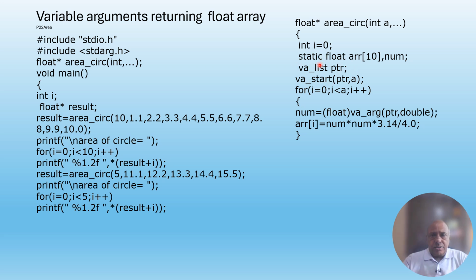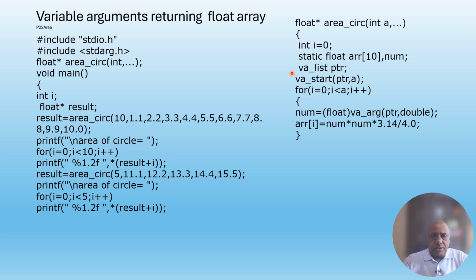A static float array arr is declared, which has a dimension of 10. Static float arr[10]. This subscript 10 indicates that this array will have 10 float values stored in it, maximum 10.